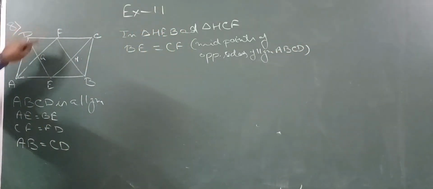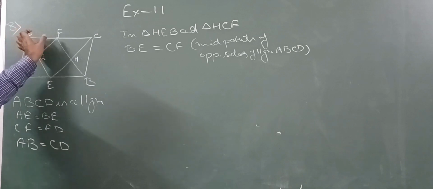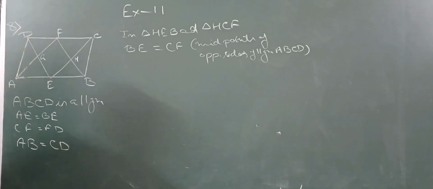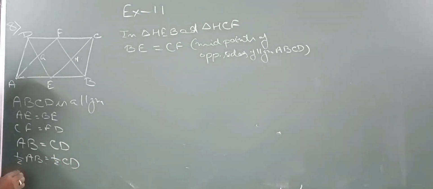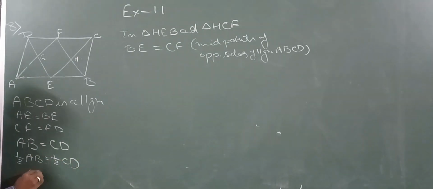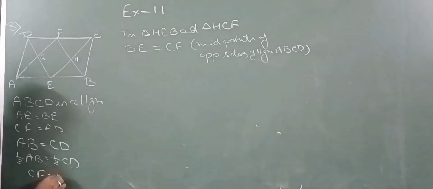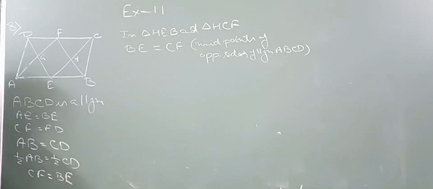As we know that these two are equal, half of these two is also equal. We can write over here that half of AB equals half of CD, or we can say half of AB equals CF equals BE. This is clear?